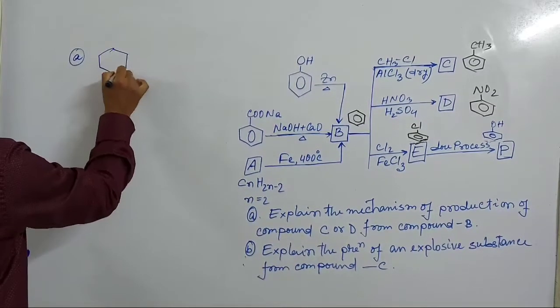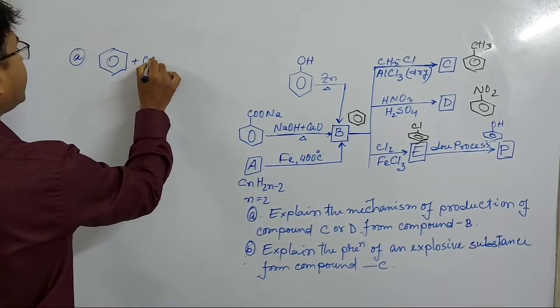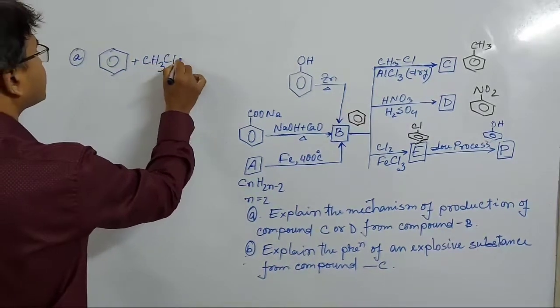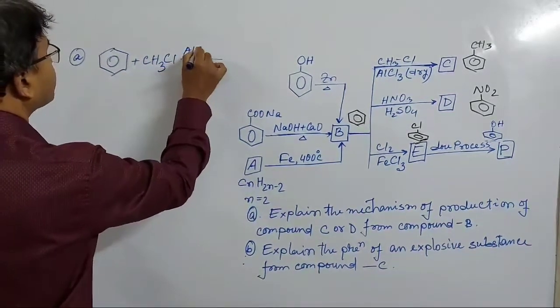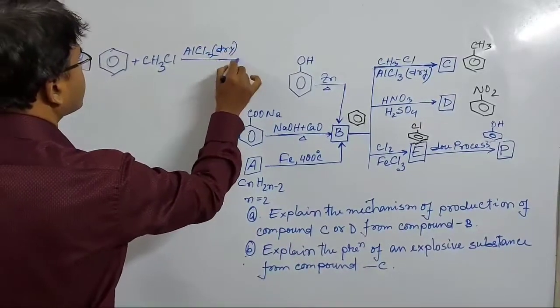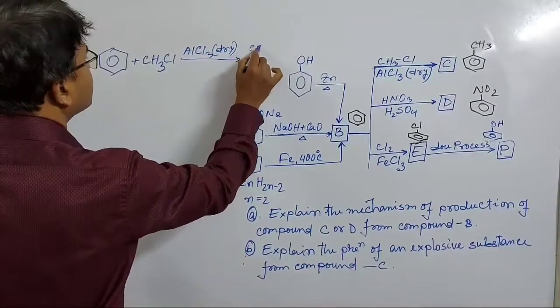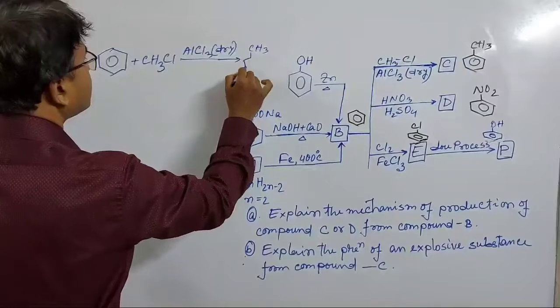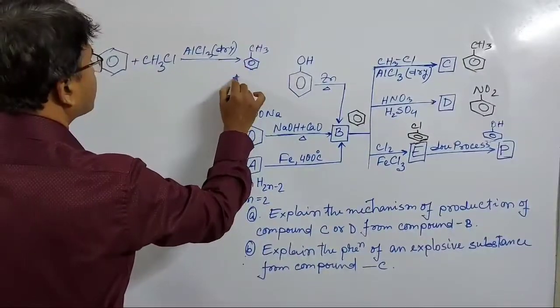Benzene reacts with methyl chloride in the presence of anhydrous aluminum chloride to produce toluene and hydrochloric acid.